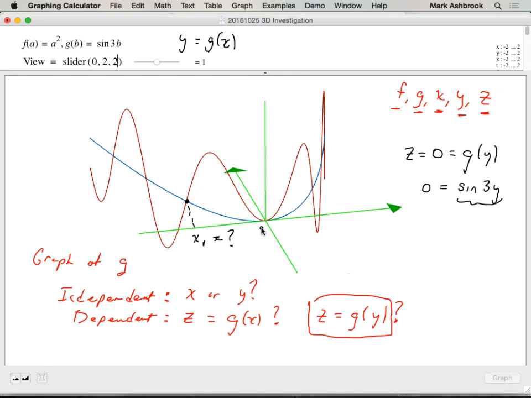Because of the way a sine function works, sine of 0 occurs periodically. It will happen at 0, pi, negative pi, and it can go the other way in both directions.